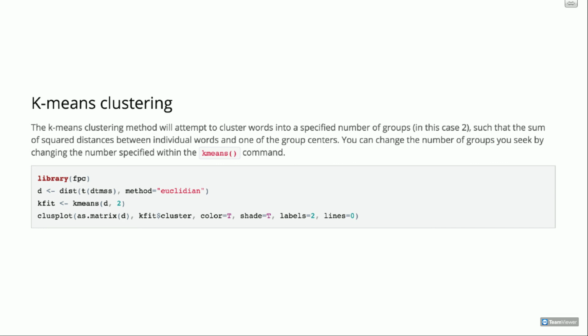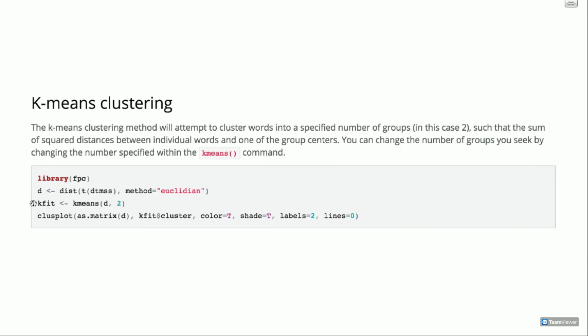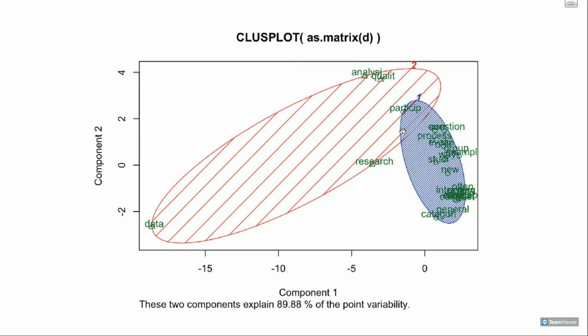You could plot this k-means clustering in a form like this using the clusplot method. Here, since I wanted to see just 2 groups, you see the blue group and the red group. Here also it pretty much predicts the same thing: data linked to the others, like quality analysis, participation or participant, and research, and the other words forming one other cluster.